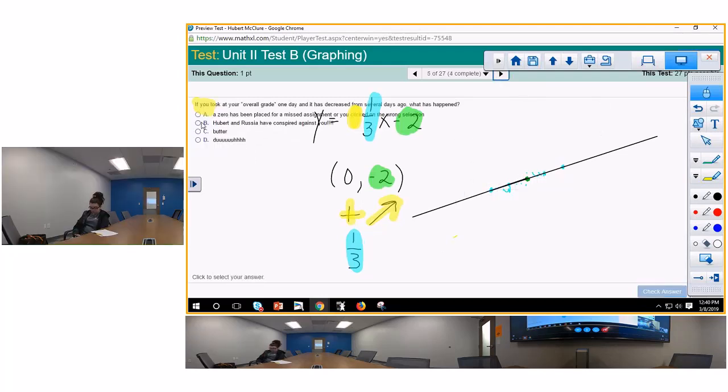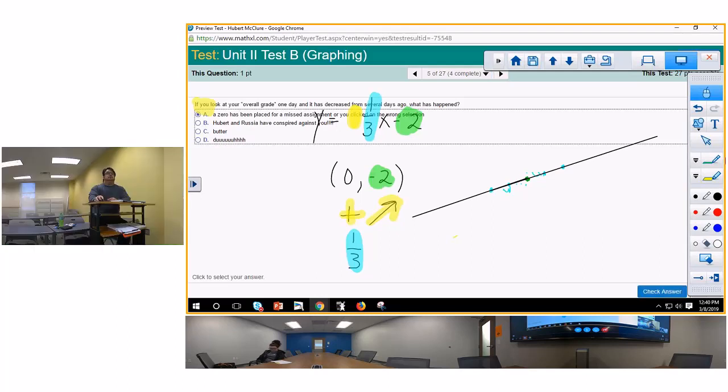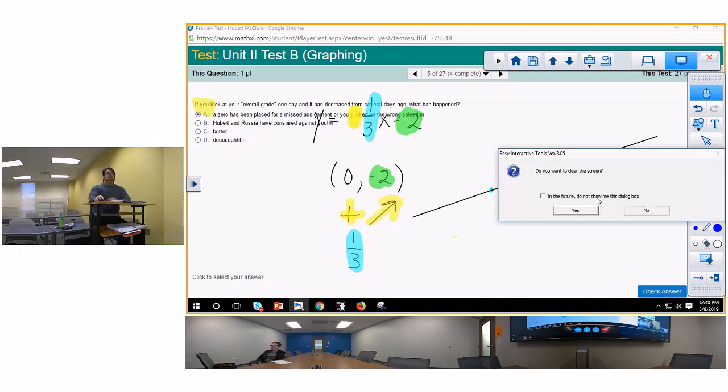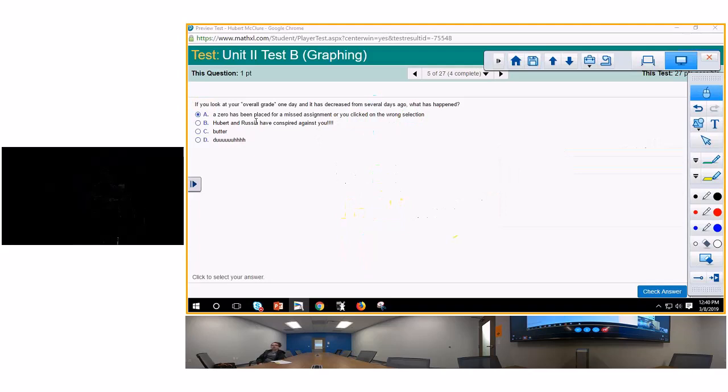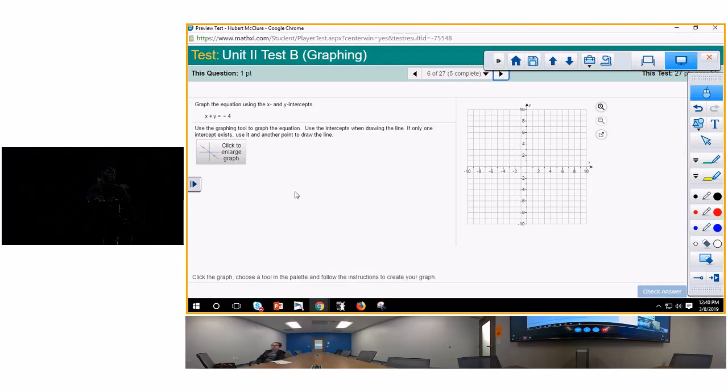A 0 has been placed in your assignment. The Russian, I will take that one. I need to add the Nigerians too. Okay, look at this one. Does it just say graph or does it tell you which method to use? It tells you to use method 2. If you don't use method 2, it's going to mark it wrong.